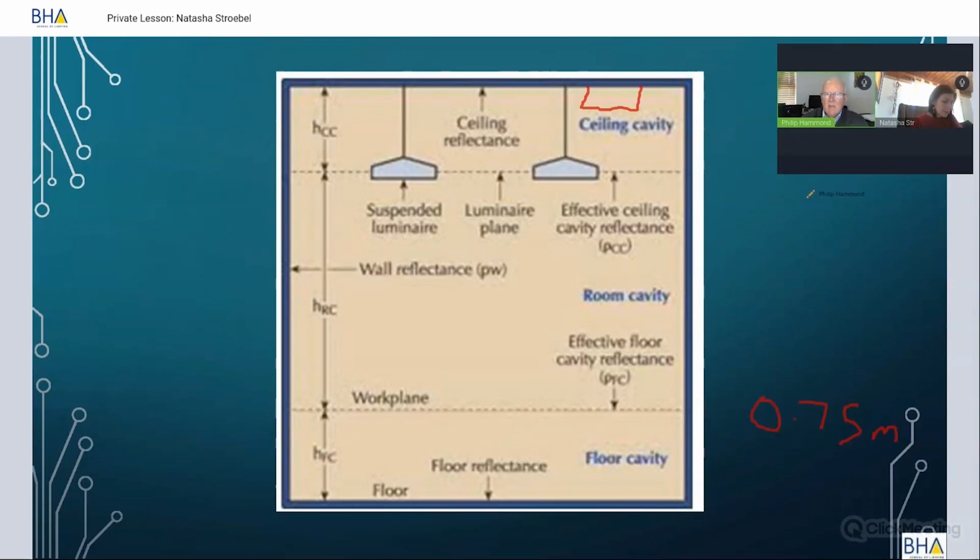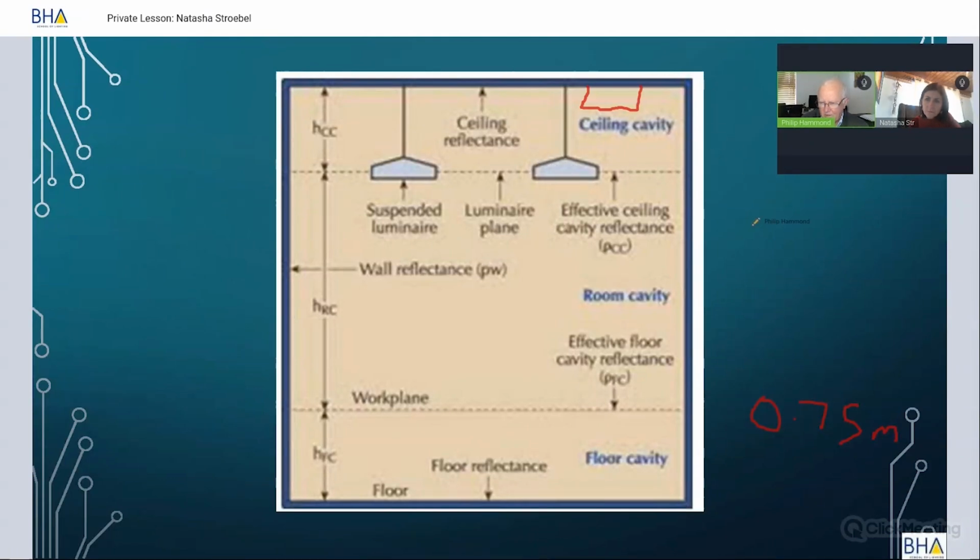But if we are using a suspended fitting, or a high bay for that matter, we measure through the fitting where the light will be emitted. See the dotted line? We measure through there. So our ceiling cavity then is from the ceiling to that dotted line.